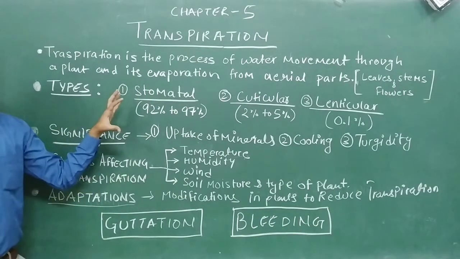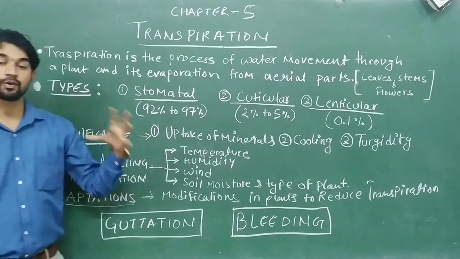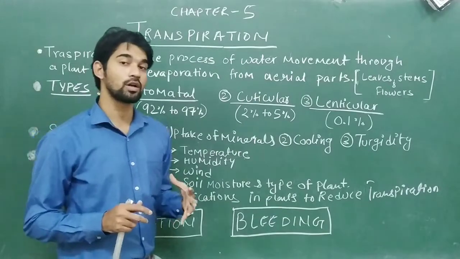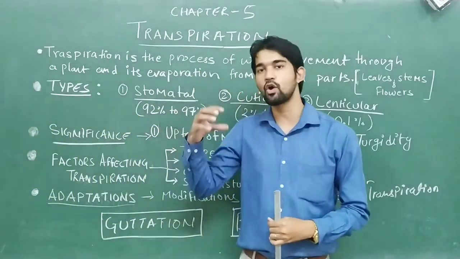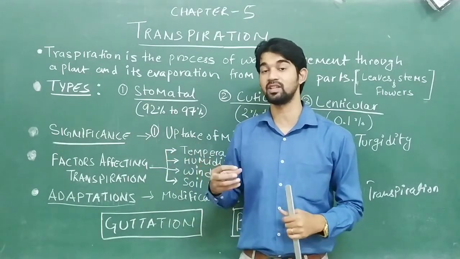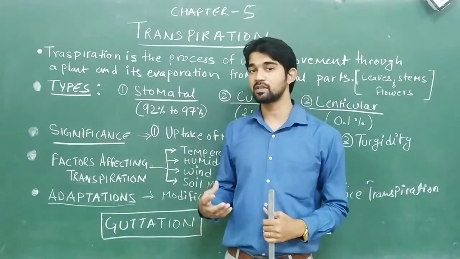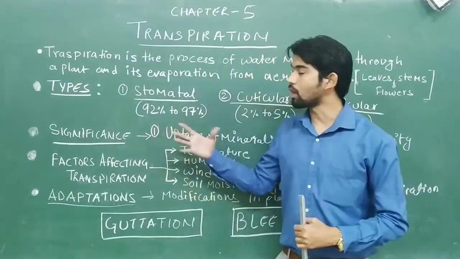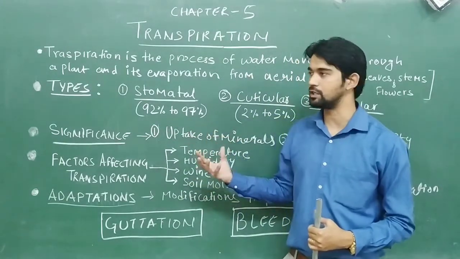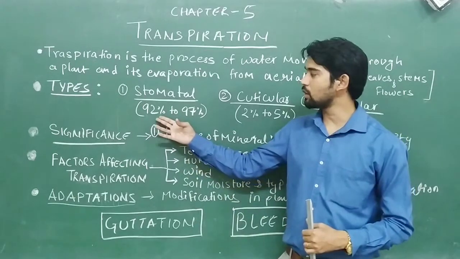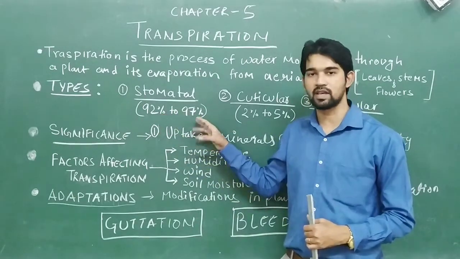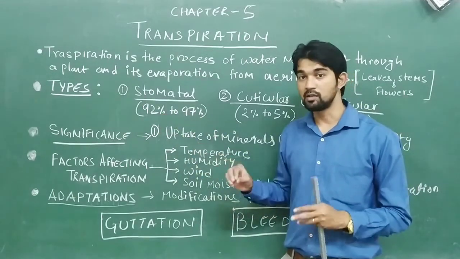So stomatal transpiration is the loss of water which takes place from the stomata. As the stomata opens and closes during the day, they lose water in the form of evaporation or water vapor, and it is about 92 to 97%.